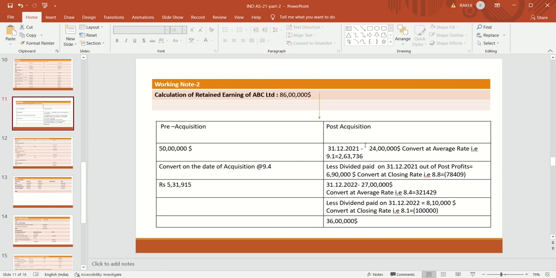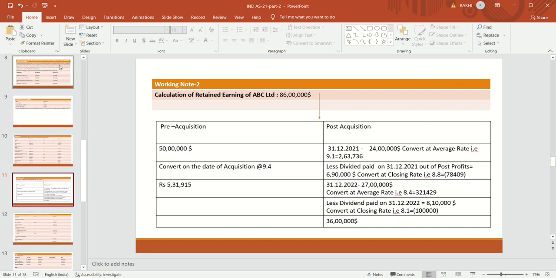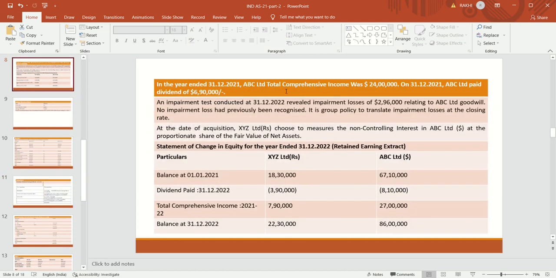It is also said in the question that for the dividend paid during the year 2021, ABC Limited's total comprehensive income was $24 lakhs, and on that date ABC Limited paid a dividend of $6,90,000.